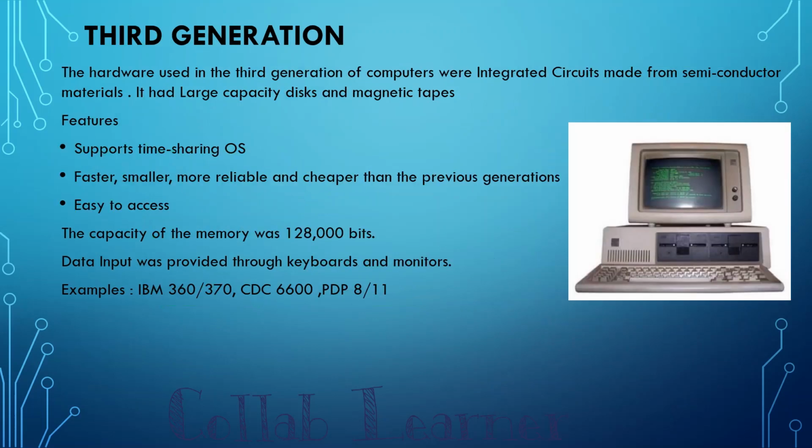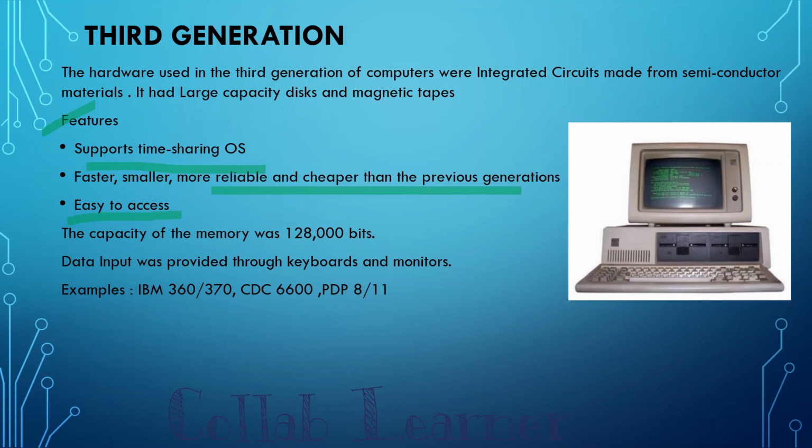Next we have the third generation of computers. The hardware used in the third generation of computer were integrated circuits which were made of semiconductor material. It had large capacity disks and magnetic tapes. So let's look at some of the features of the third generation. It supported time sharing operating systems. It was faster, smaller, more reliable and cheaper than the previous generation. It was easily accessible. The capacity of the storage was also increased.